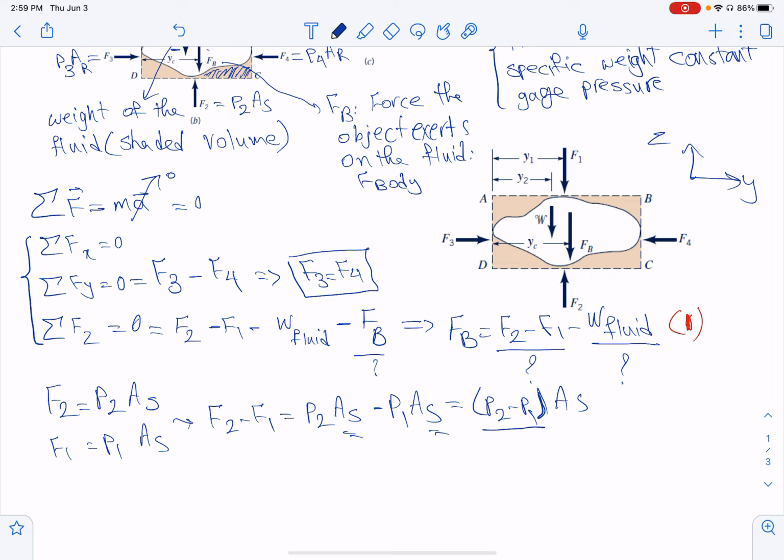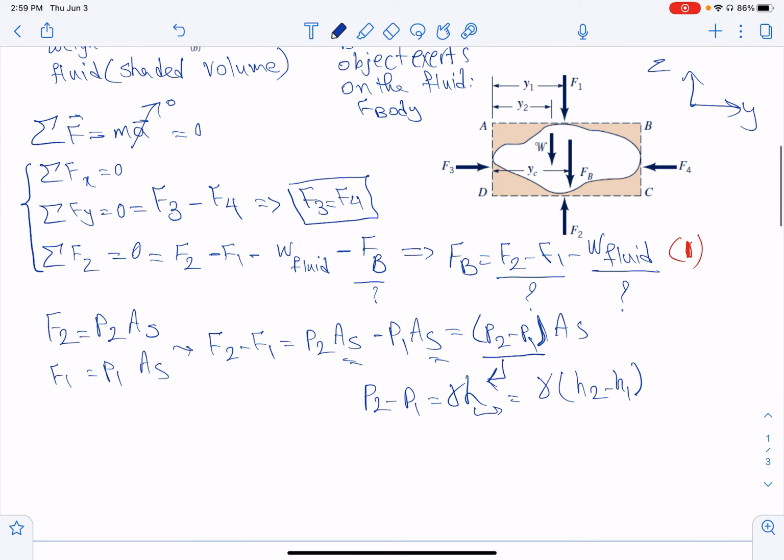And from the Pascal law that we talked about in the previous section, we know that P2 minus P1 is gamma H, right? And I showed you the H here is H2 minus H1, right?